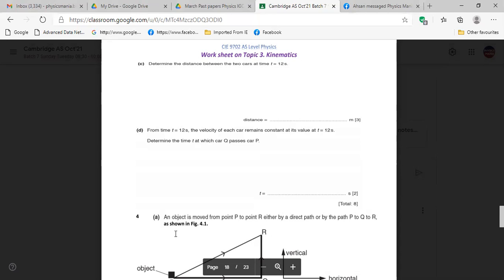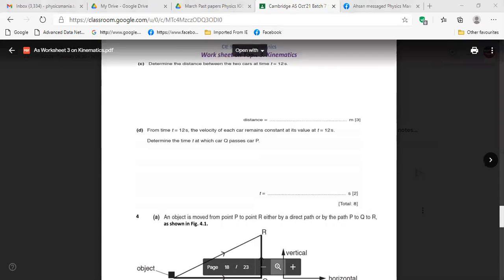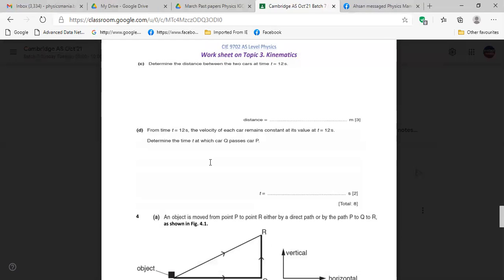Now we have a gap. Gap of how much? In between these two cars, we have a gap, right? That is 84 meter. So this 84 meter, who is ahead? P is ahead, right?